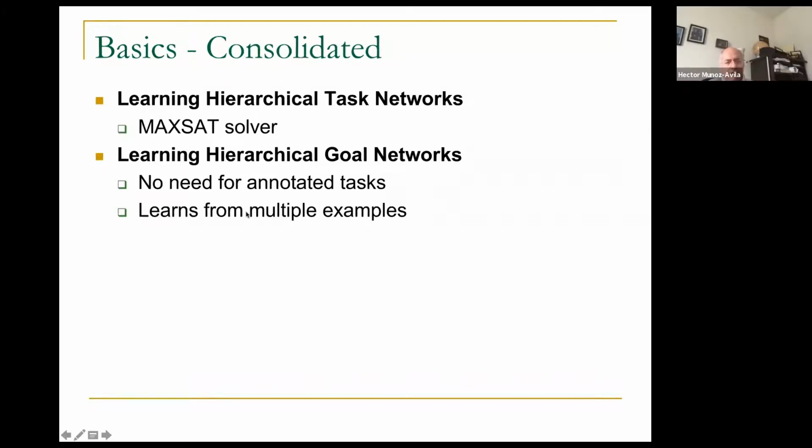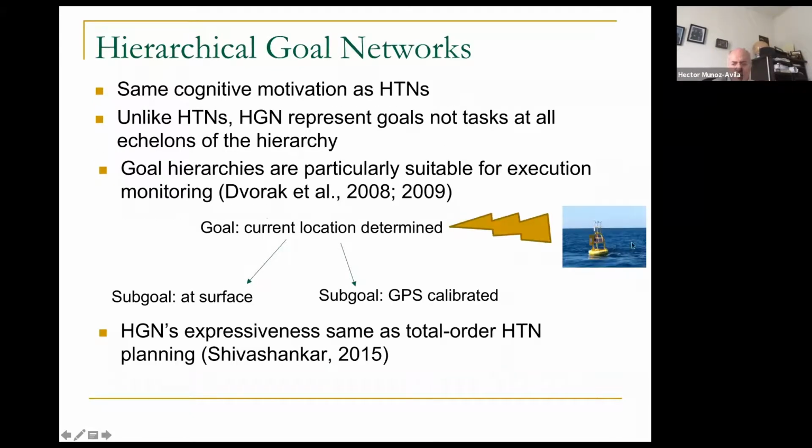Let me talk about this other one, which is learning hierarchical goal networks. And again, it's consolidated. Very briefly, I don't want to spend too much time on this, but there are multiple variants of hierarchical knowledge.